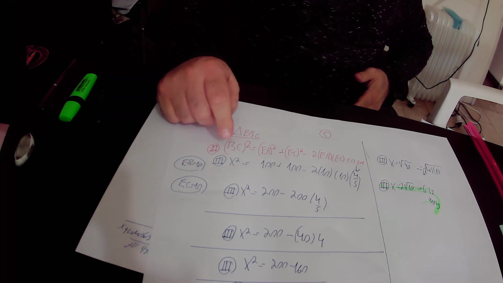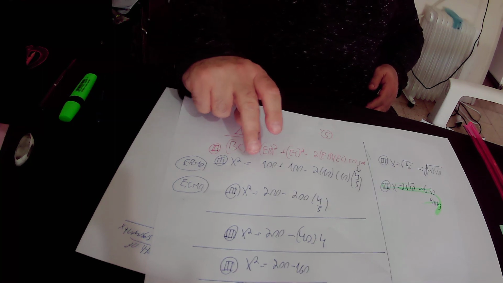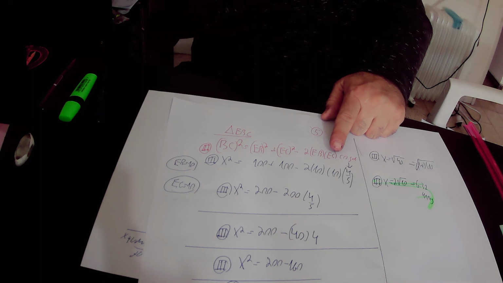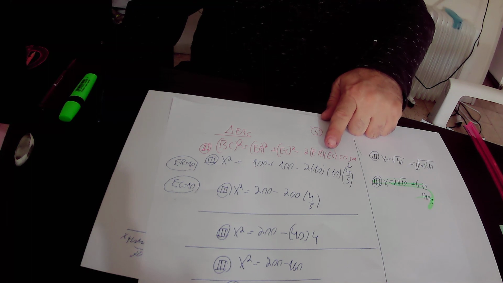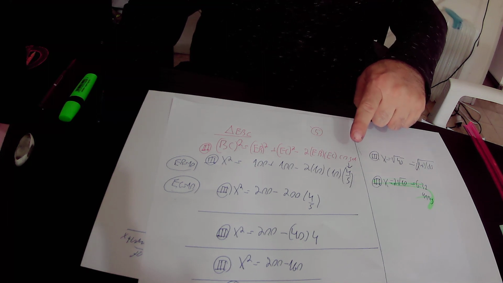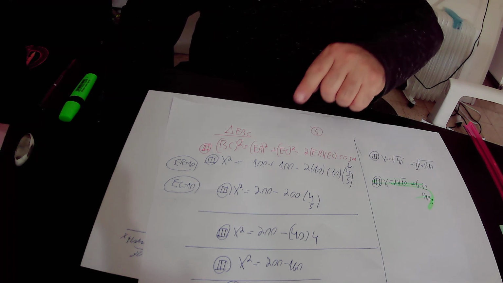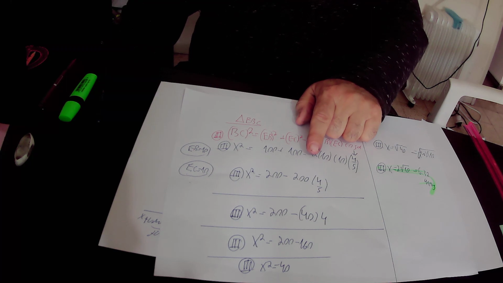So here, according to equation number 3, x squared equals 100 plus 100 is 200. And here we have minus 2 times 10 times 10, that is minus 200, times 4 over 5.